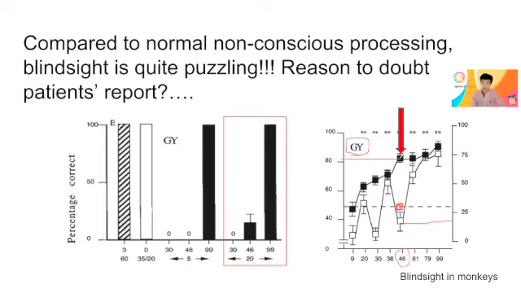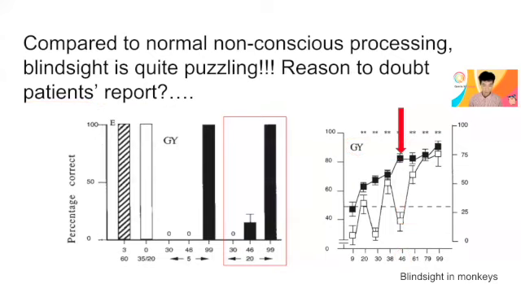And as you saw, with the masked stimuli in Dehaene's paradigm, performance itself was almost at chance when people reported not seeing. So this is quite different from the masked situation, and it is a really good reason to start doubting what the patient is actually reporting. In the end, we don't know exactly how they are feeling. So we need to be careful about interpreting what blindsight patients are reporting.